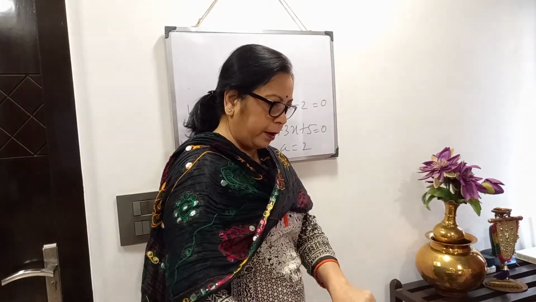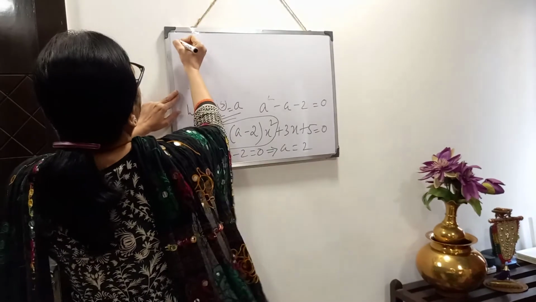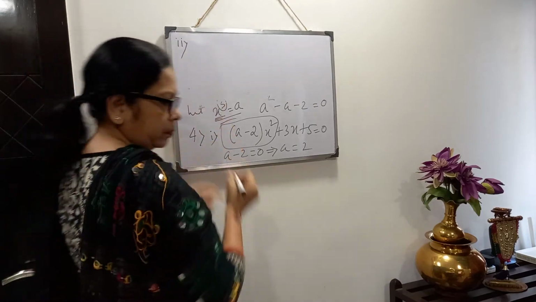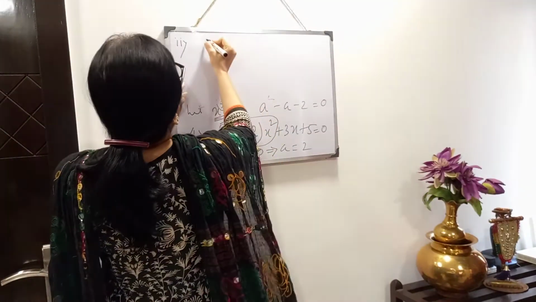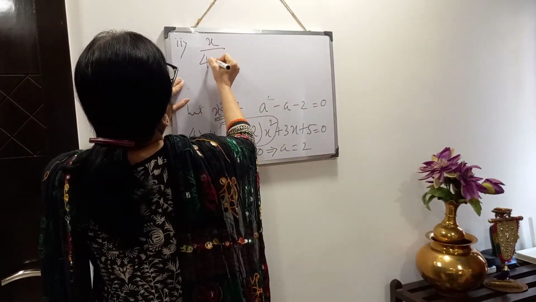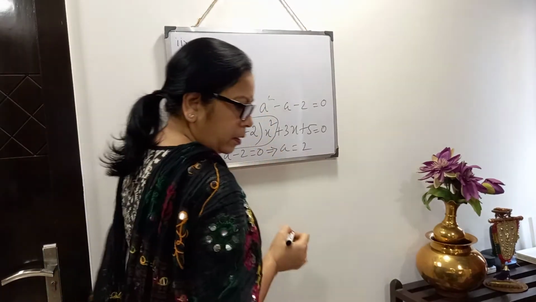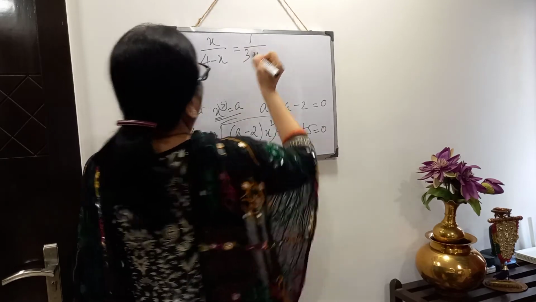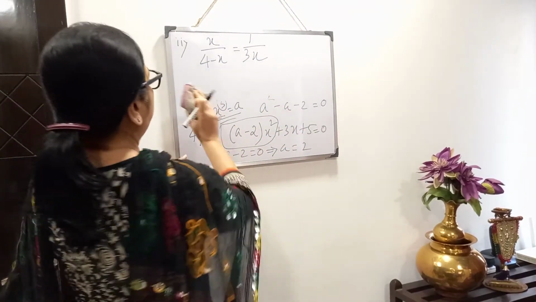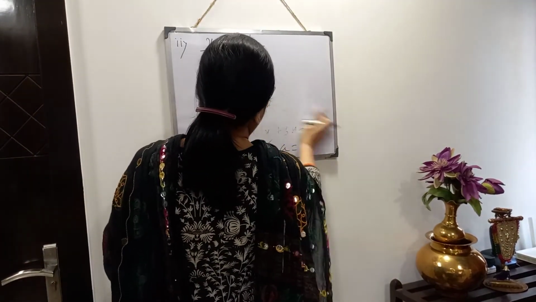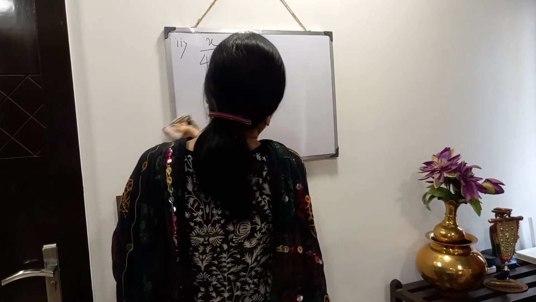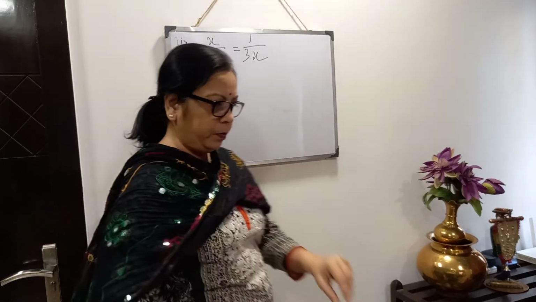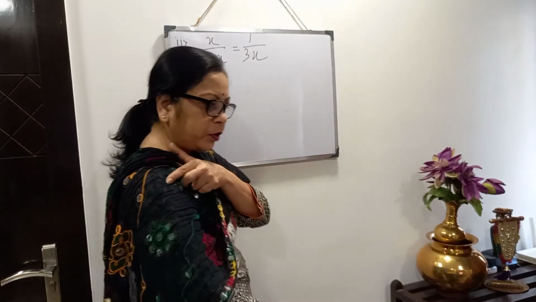Then expressed in the form, okay, x by 4 minus x equals to 1 by 3x. This one is not given in general form. First we have to express. Then what to do? We have to find out the coefficient of x square, coefficient of x.